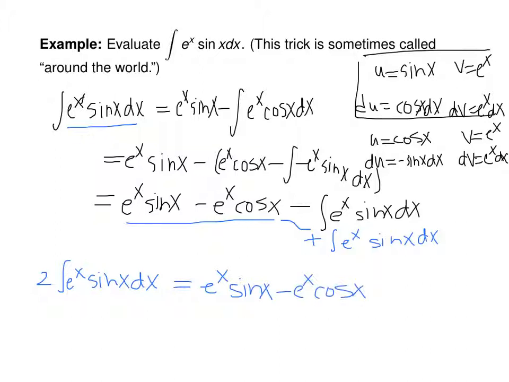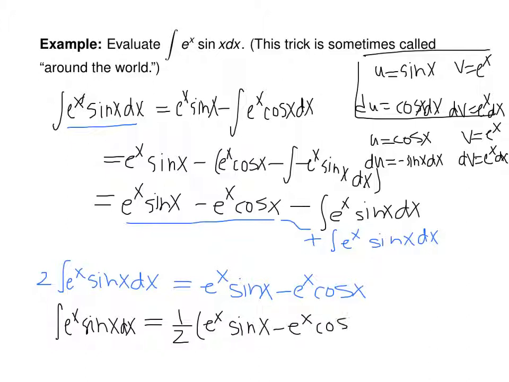And now to find just the singular integral of e to the x sine x dx, we divide by 2, or multiply by 1/2. And the antiderivative of e to the x sine x dx is equal to 1/2 the quantity e to the x sine x minus e to the x cosine x, plus c.